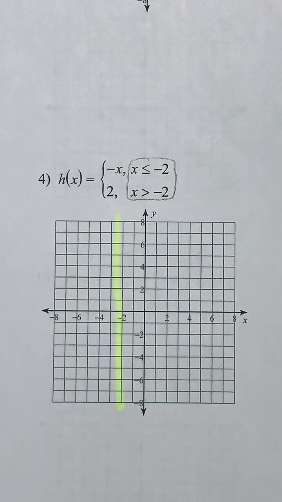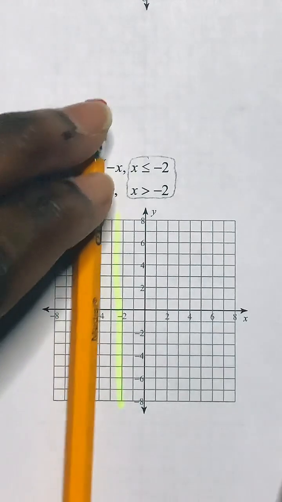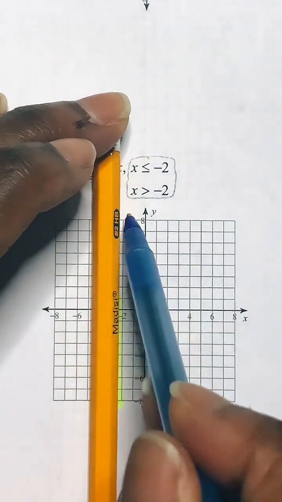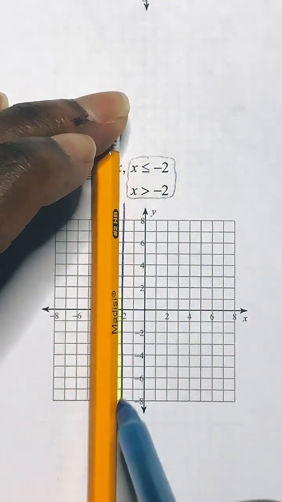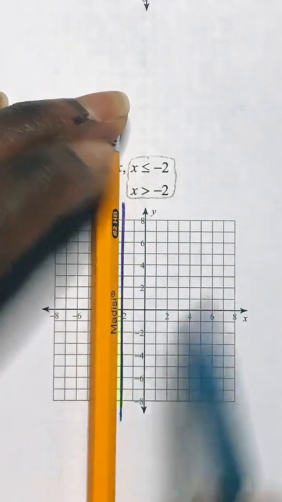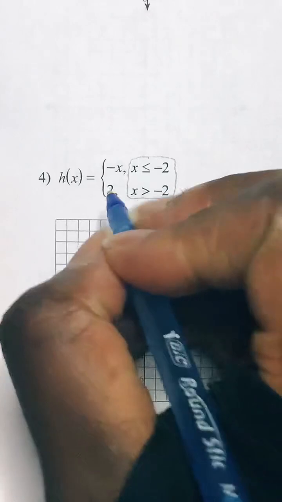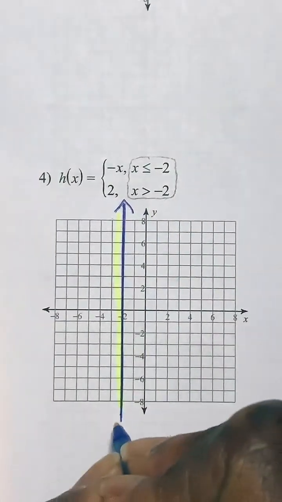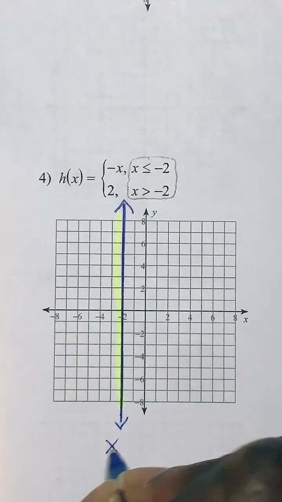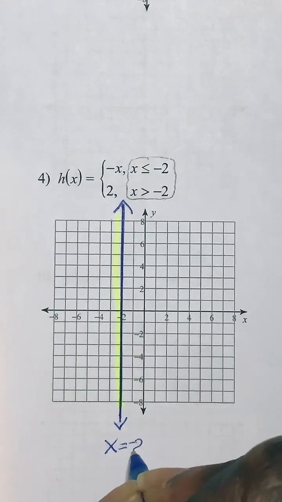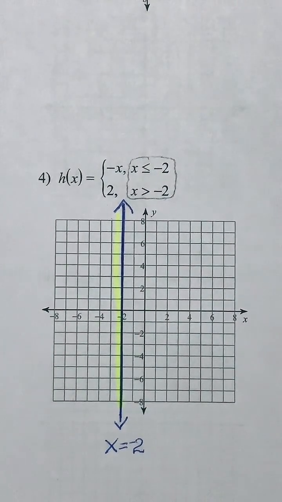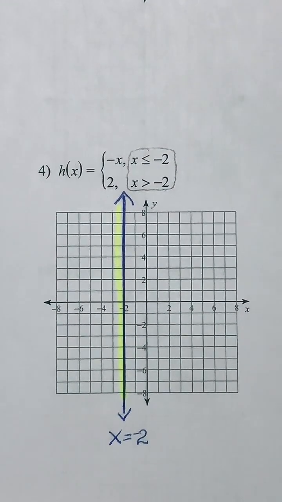Okay. So it's saying that everything is happening right here at the -2. So sometimes I can highlight it. I'm going to put a little pen to it. So this is when x is equal to -2.